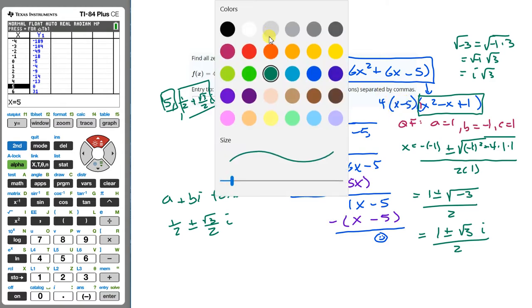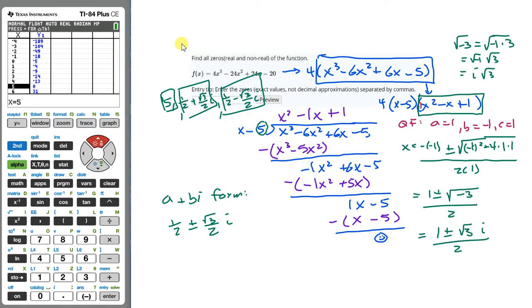They're not asking for the factorization, but if they did, right now what I've got is 4 times (x minus 5) times (x minus (1/2 plus root 3 over 2i)), and then (x minus (1/2 minus root 3 over 2i)). That's my factorization right now with a 4 factored out front.